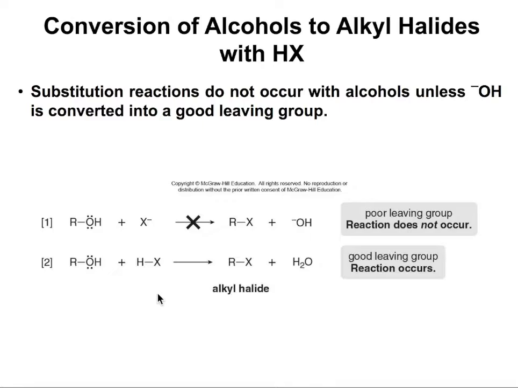So the way that this reaction is going to happen is not with the simple OH as a leaving group, but once the OH gets protonated by that H in the hydrogen halide, we form this water that now is a really good leaving group.